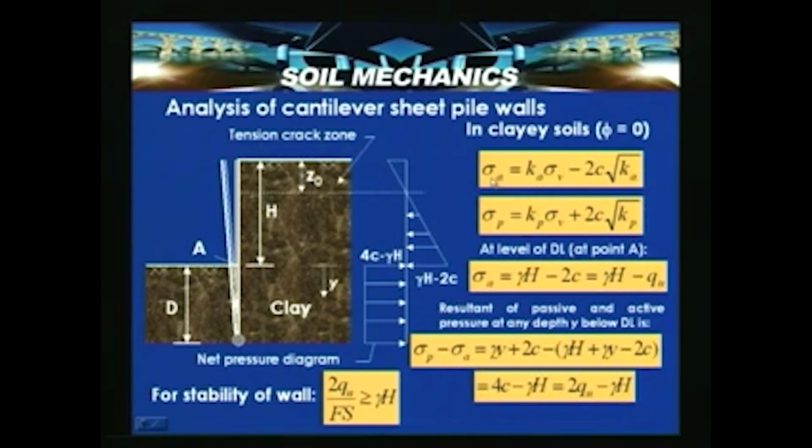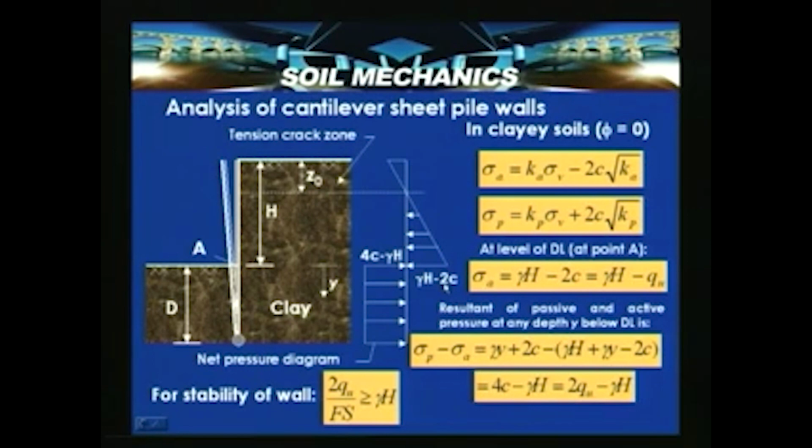In clay soils, sigma A is equal to Ka sigma V minus 2C root Ka, and sigma P is equal to Kp sigma V plus 2C root Kp. At the dredge line, at point A, sigma A is equal to gamma H minus 2C, so this pressure ordinate is gamma H minus 2C.